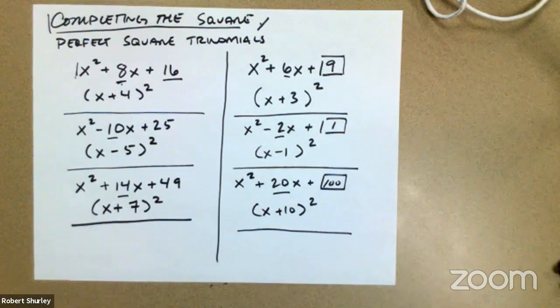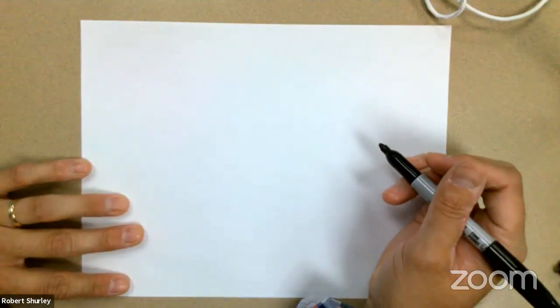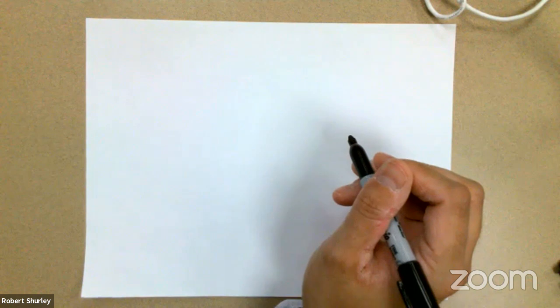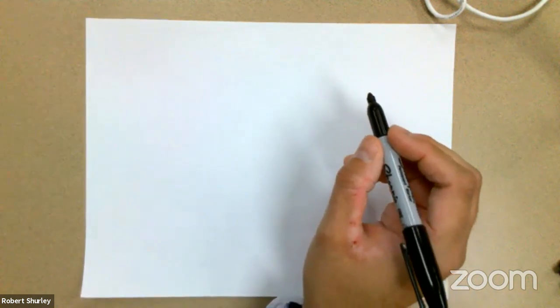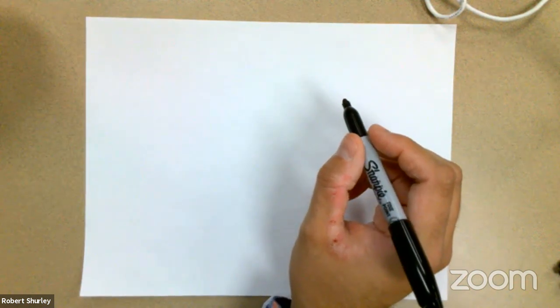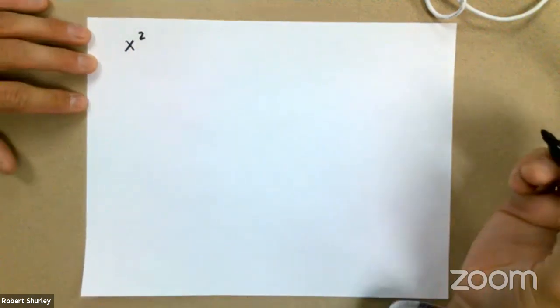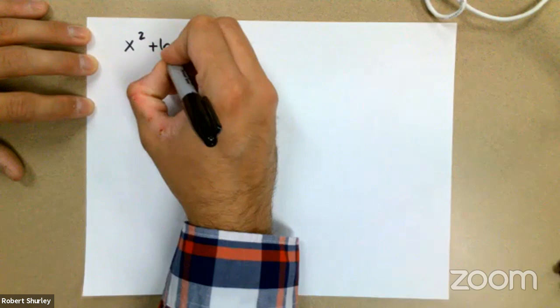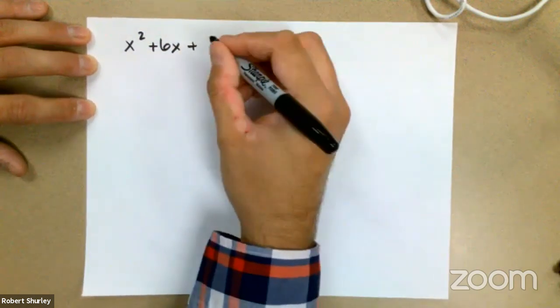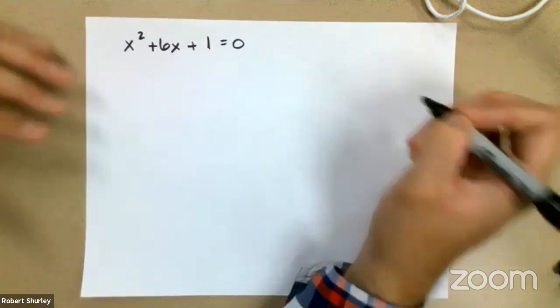Hold on. Get the piece of paper out. So let's say I've got something. I'm going to steal one from the book that's not crazy looking. Let's say I've got x squared plus 6x plus 1 equals 0.